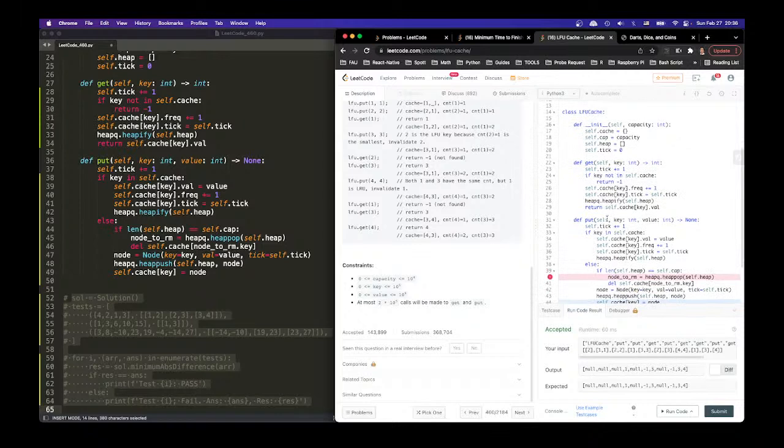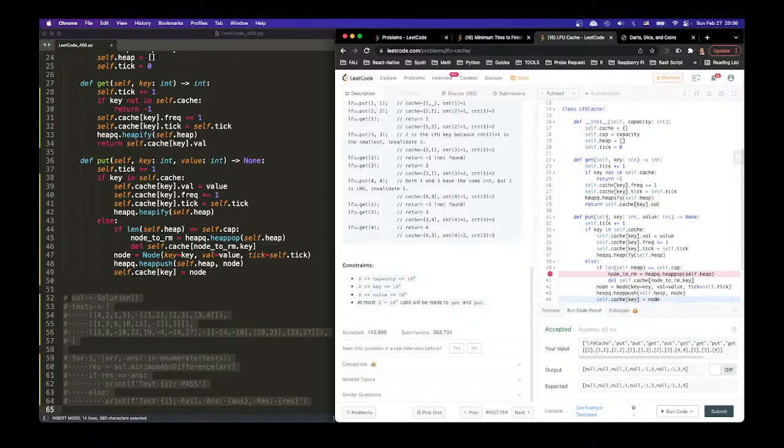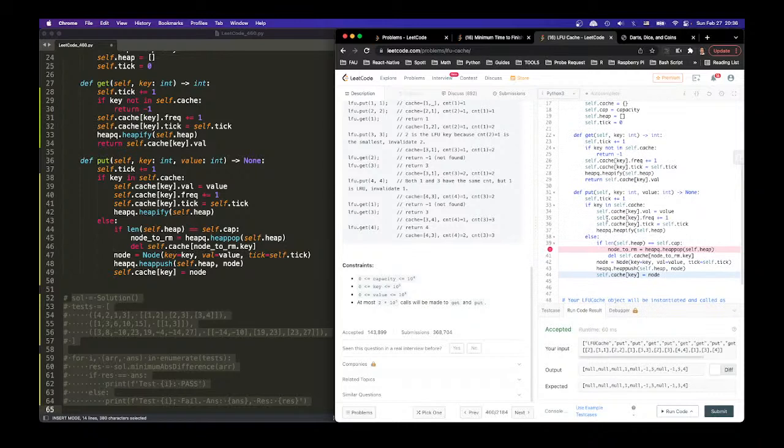Capacity can be 0. Well. What do I do if capacity is 0? So when you put, we do this, key is not in, and I check if it's equal to capacity, and I want to pop. But yeah, I cannot pop because there's nothing in it.